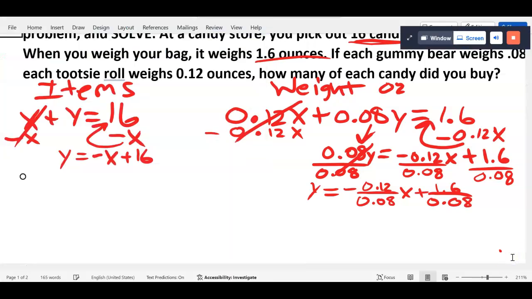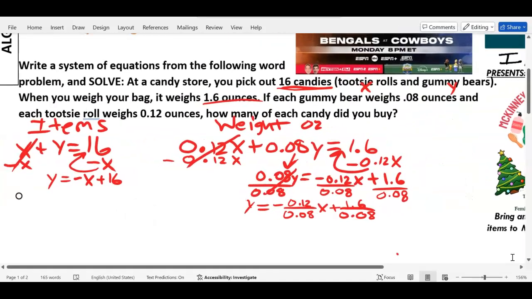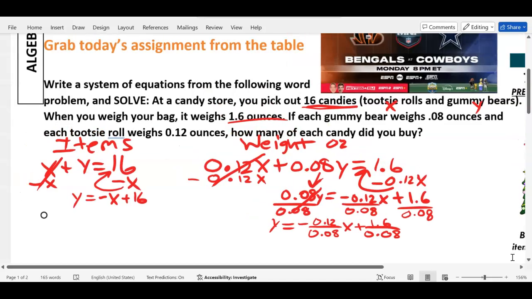Okay. All right, so now we want to graph these two in Desmos and see where they cross, right? So y equals negative x plus 16.